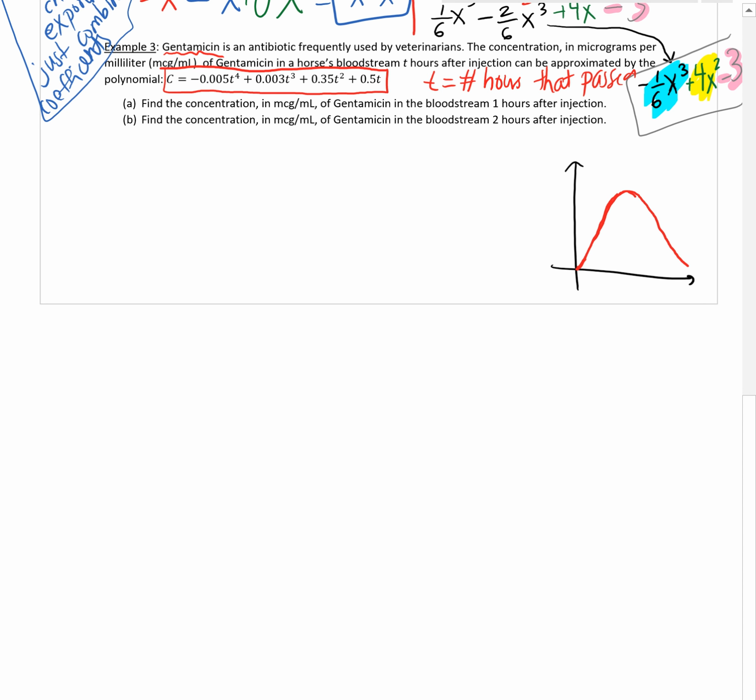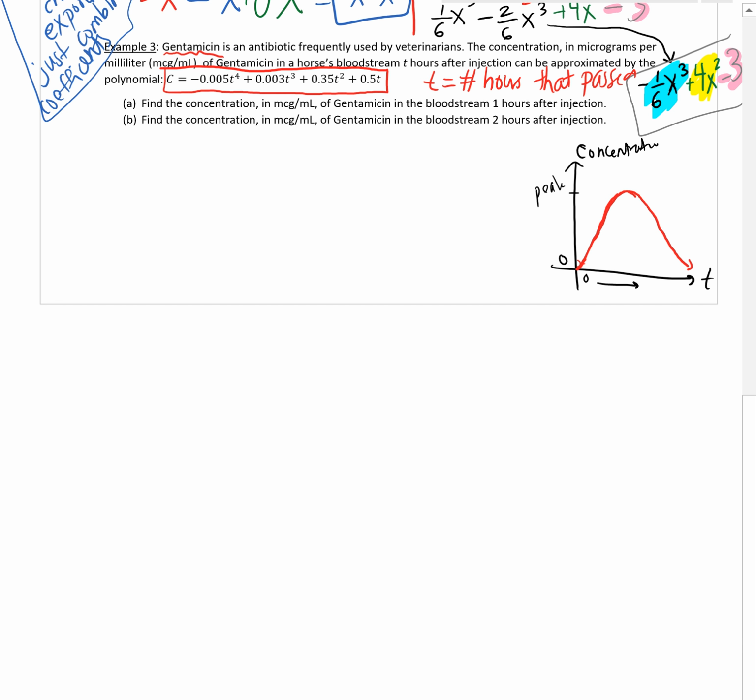So that's interesting that this polynomial has a graph that looks something like this. The horizontal axis is time, so as time went on from 0, it went down. And the y-axis is the concentration. It started out at 0, went up to whatever the peak was, and then went down again to 0 eventually.